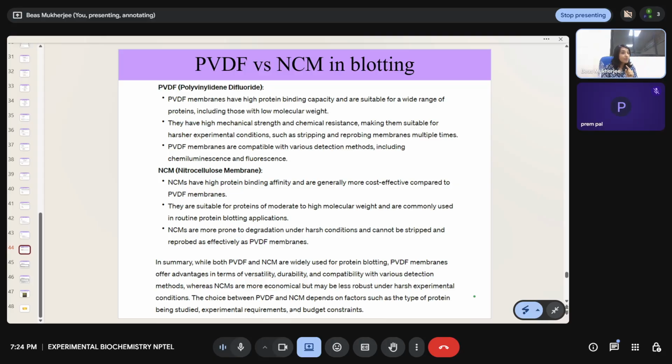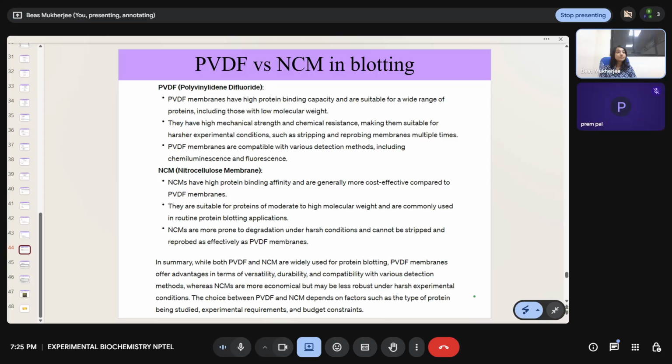But for nylon membrane, you will have to heat it for fixation. For proteins, you don't need to heat them for fixation to the membrane. But for DNA and RNA, you will have to heat it up to 80 degrees centigrade for some amount of time to make sure that they are stuck. So that is a very important thing that you should remember.